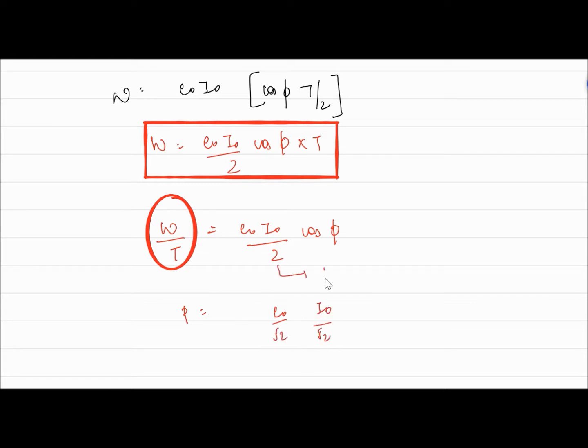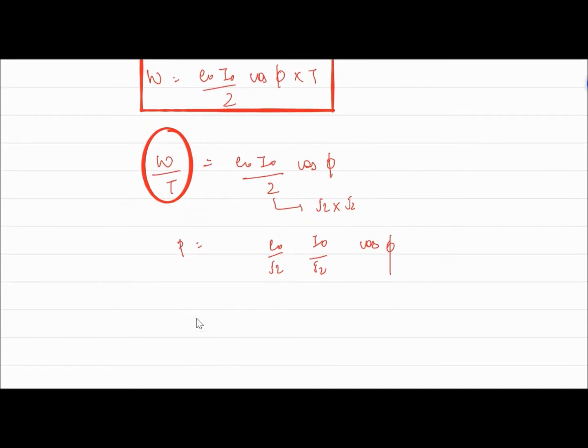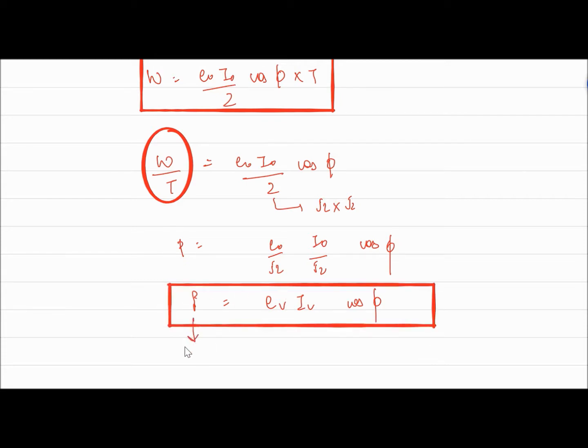We have just written 2 as root 2 into root 2, cos phi, and power is equal to E_v I_v cos phi. This is the answer. So this is the true power.